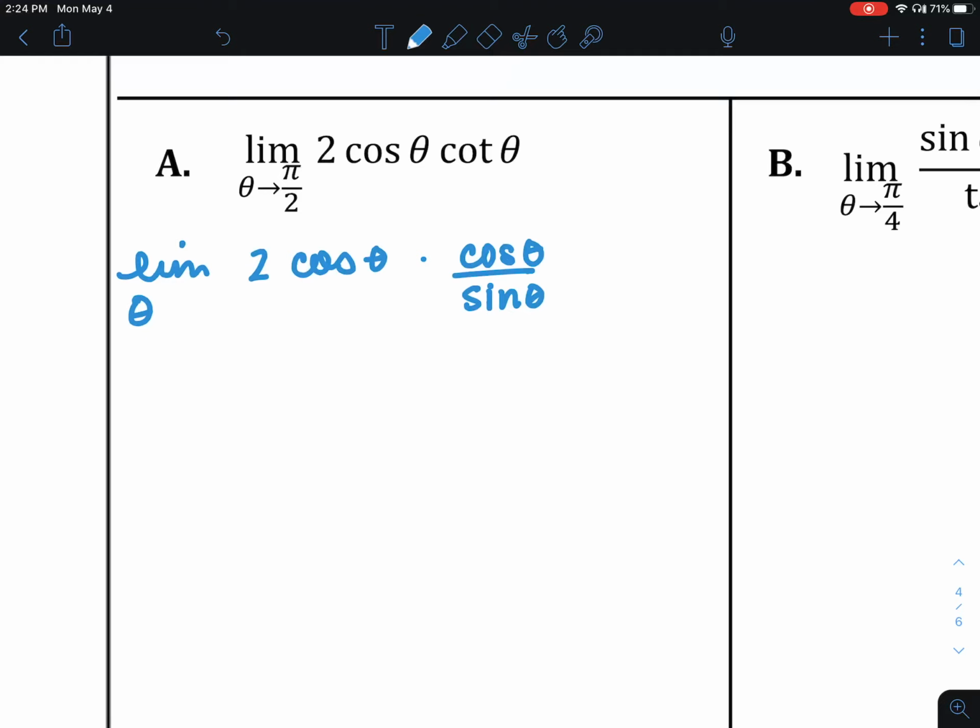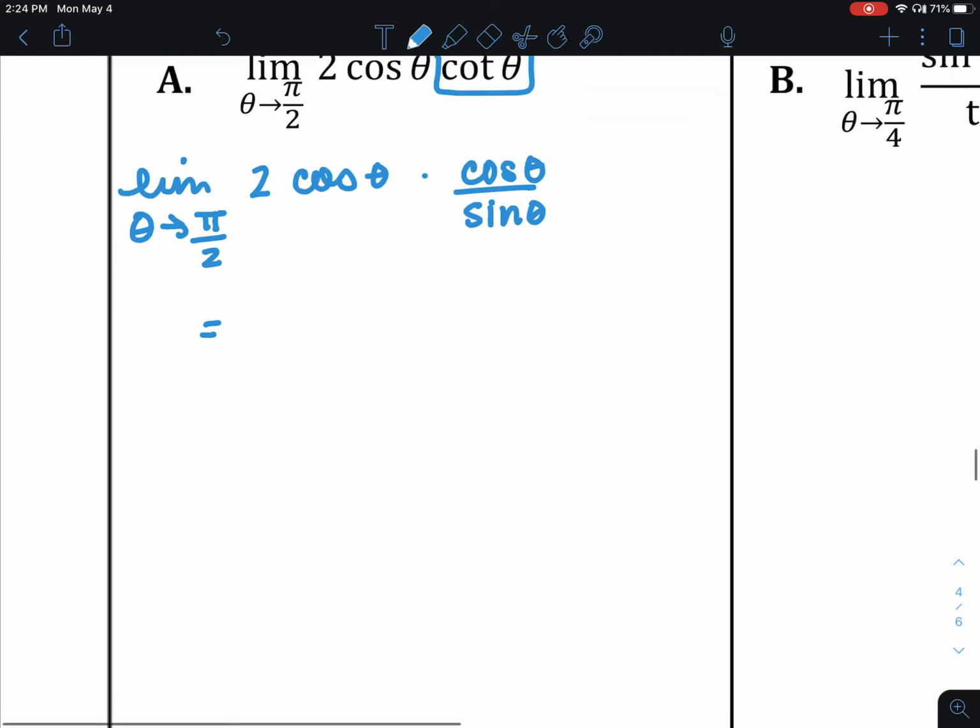But I think what would have happened here is we would have gotten 0, right? Sometimes these trig functions are going to write us off as 0, and what we need to do is rewrite them. I think it would have been okay, as long as we didn't get 0 over 0, which I don't believe we would have, because we would have gotten 0 times 2 times 0. So direct substitution would have worked just fine.